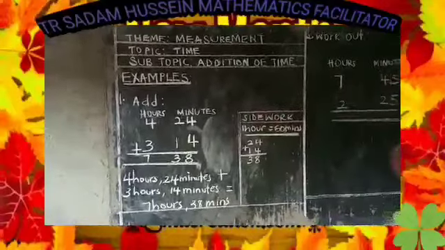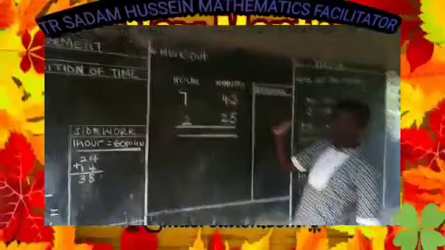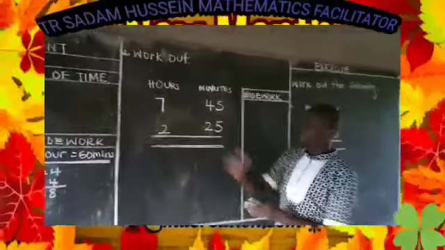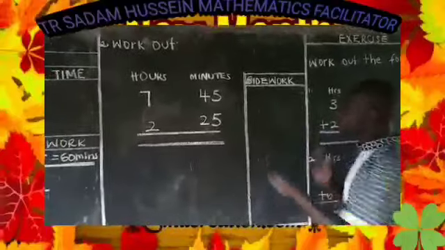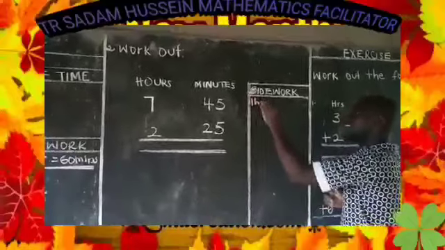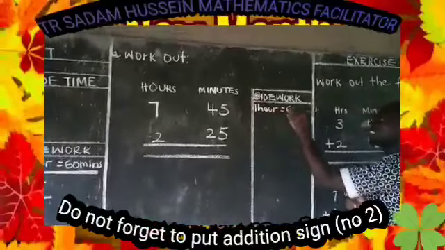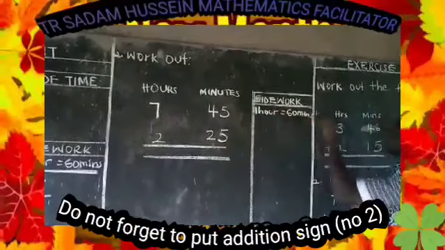Now, let us look at example 2. Example number 2, the same thing we did there. There we began from the right hand side to the left hand side. We are beginning with the minutes. I told you, remember, 1 hour equals 60 minutes.